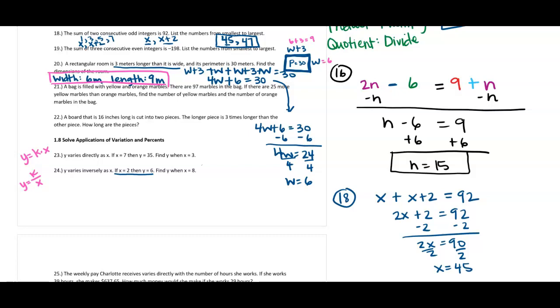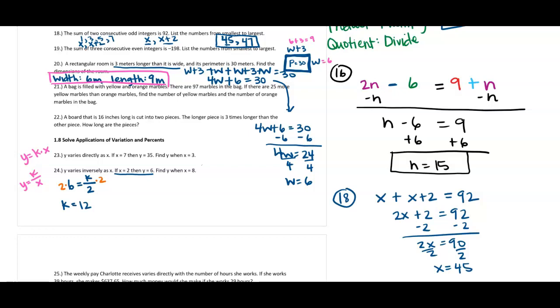I'm going to put 6 in place of my y, and k is what I don't know, but I know x is 2. To solve for k, k is connected to 2 by division, so I need to multiply both sides by 2. So I get k equals 12.